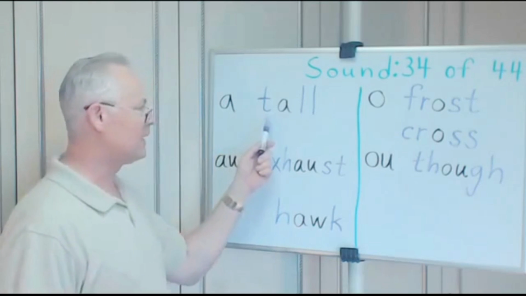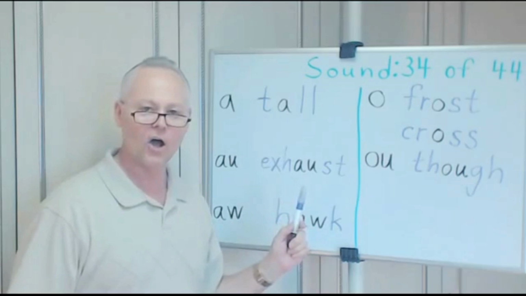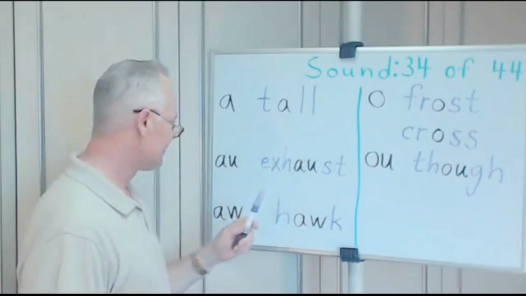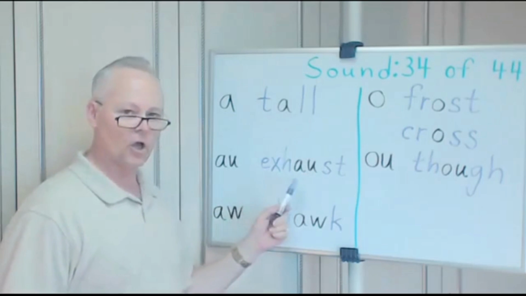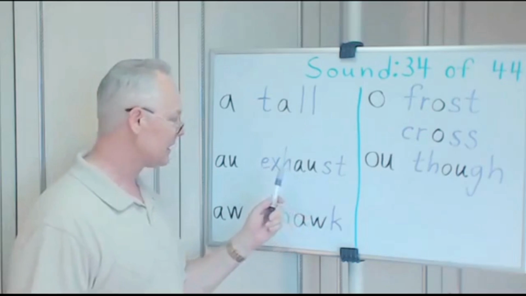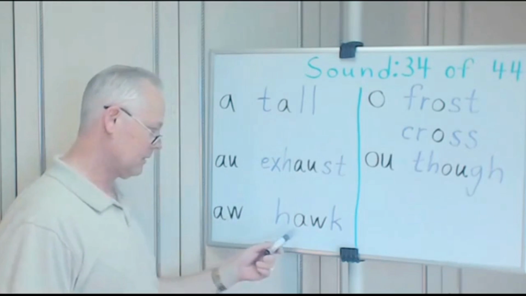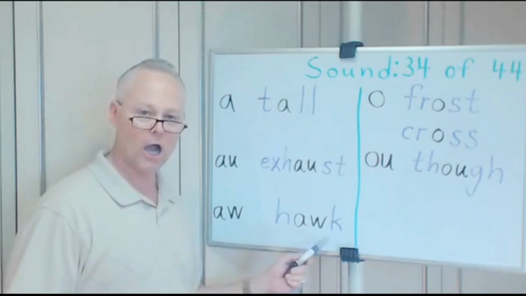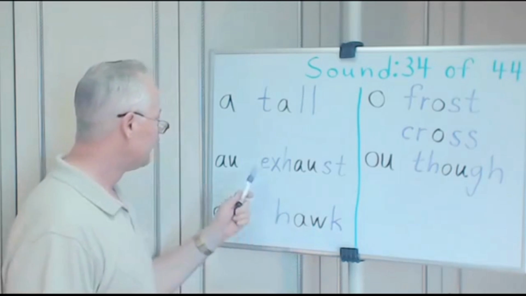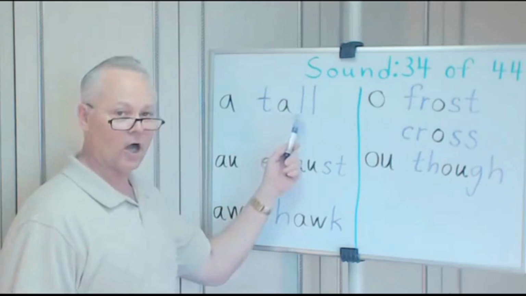Aw, like we would find in the word tall. Aw, aw, aw, tall. How about the word exhaust? Exhaust, exhaust. Or A-W in the word hawk, awk. A, aw, tall.